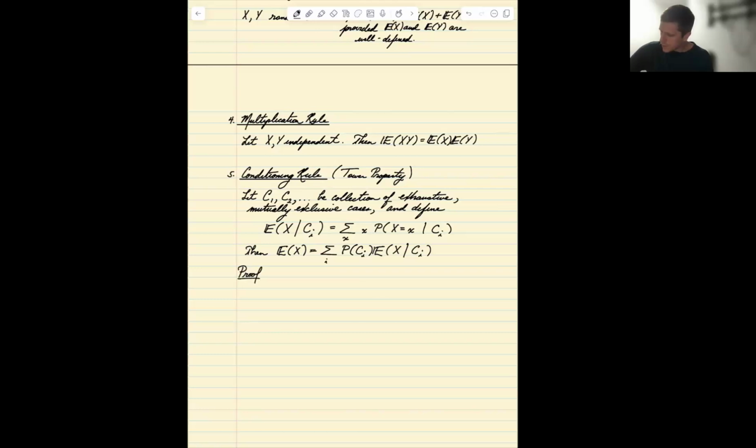So let's prove this, because this just brings us back to the law of cases, the law of total probability. So recall the law of cases. Law of cases says that the probability that X is equal to x is the sum over the cases of the probability of the case times the probability of the event given the case, the conditional probability.